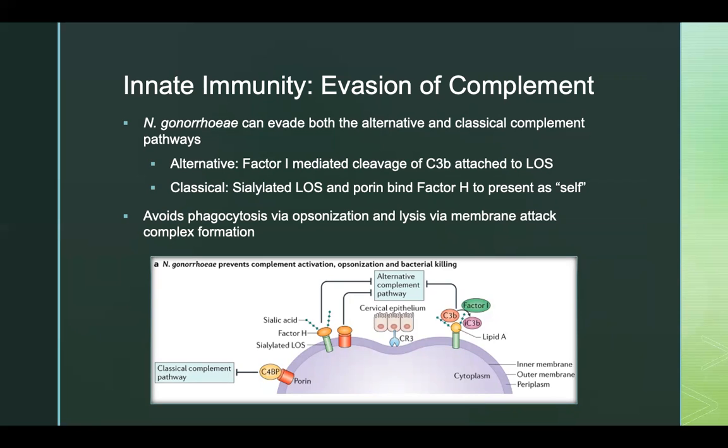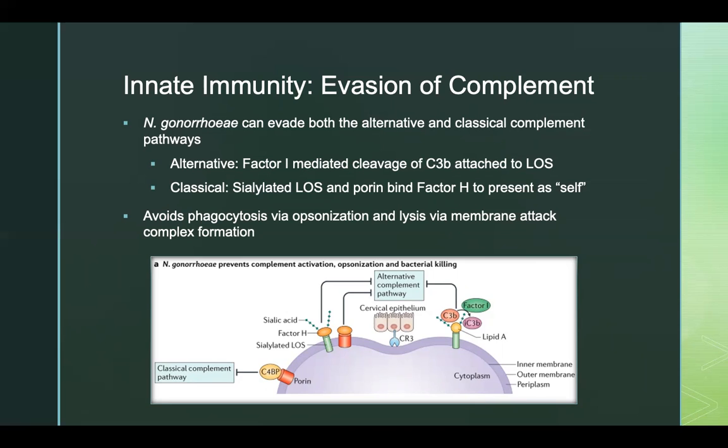In the case of alternative, it does this by cleaving C3b complement protein attached to the lipid A of its LOS on its surface with a reaction including factor I, which leads to the inactivated version of complement protein C3b being bound to the pathogen surface.